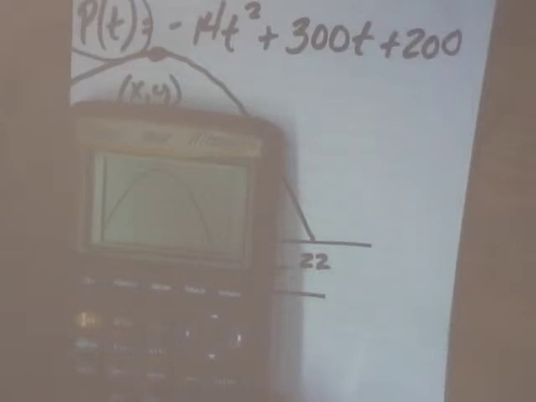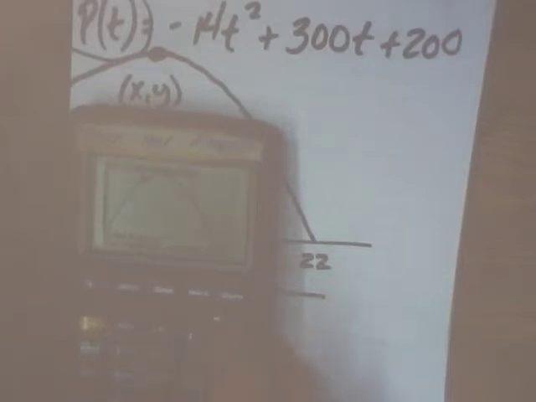All right. So now we need to find the maximum value, right? Second calc. Which one do you think we want? Number 4, maximum. All right, what's it asking for? Left bound. So you have to move the cursor to the left-hand side of the maximum value. Hit enter. Now it's asking for right bound.